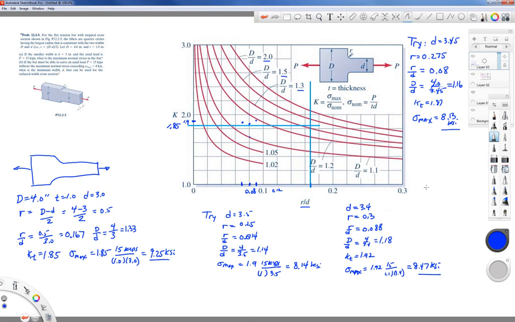So I would say that our dimension d is somewhere maybe a little bit less than 3.45, maybe in between 3.4 and 3.45. I'll let you do one more iteration if you'd like, but we want to try to get somewhere just a little bit less than 8 ksi. Again, there's some variation here because you're reading a chart. It can be kind of hard to read good numbers off of these, but give it a shot.